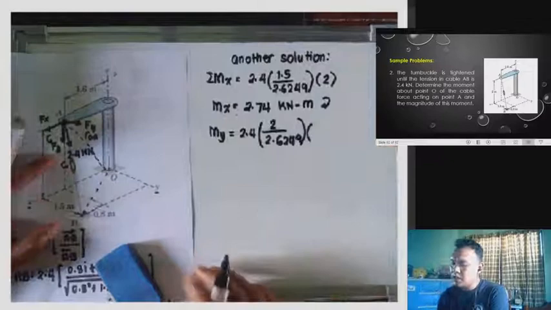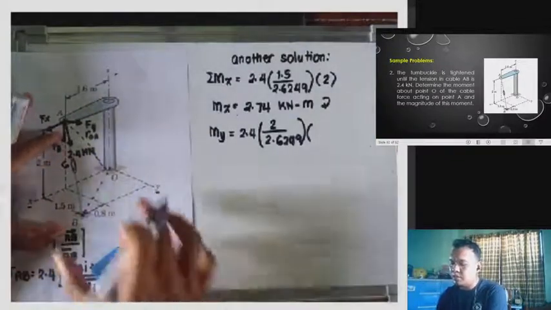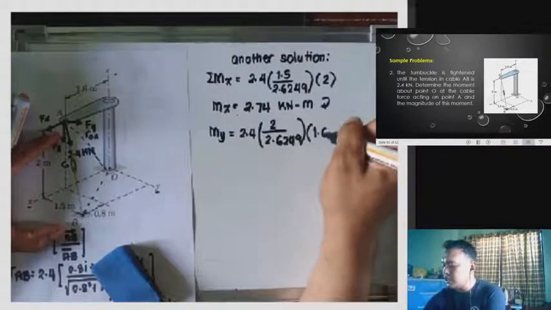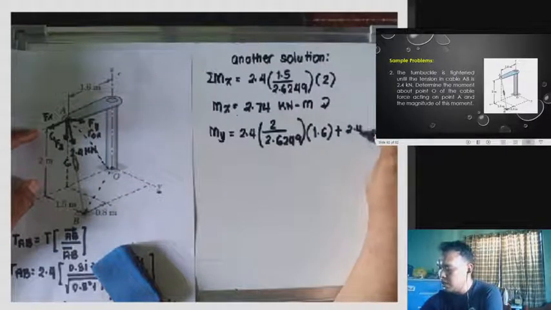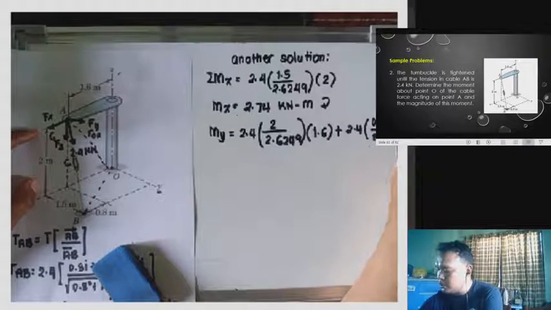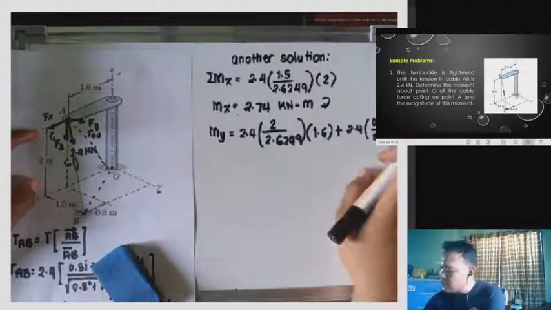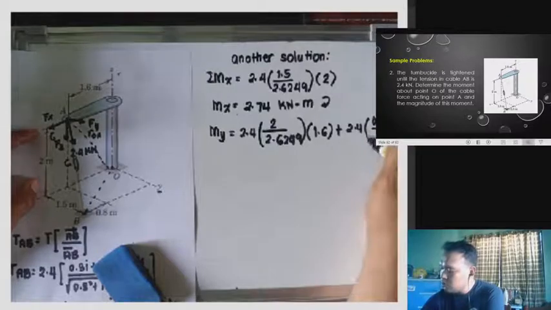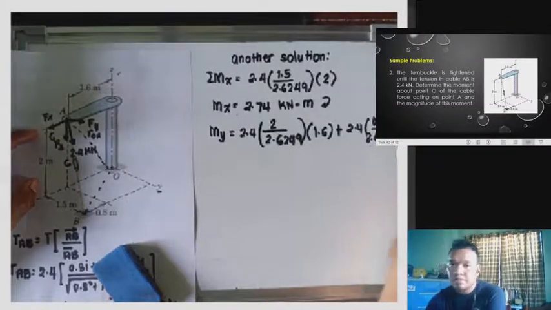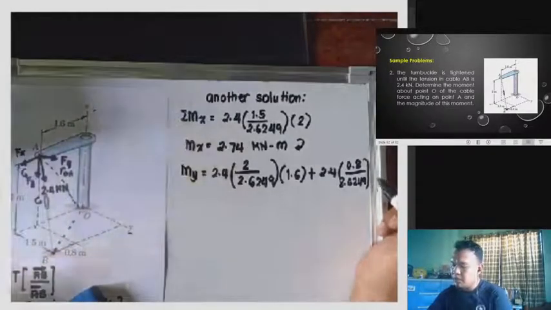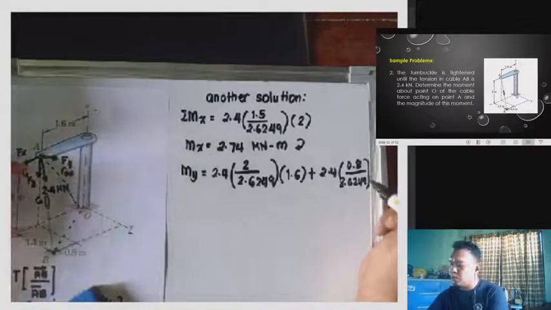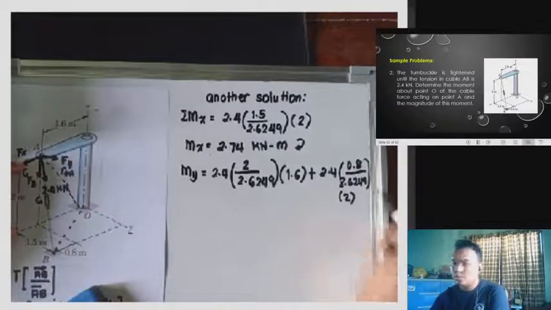Perpendicular distance ng ito, z, papunta doon is 1.6 plus yung fx natin which is 2.4 times 0.8 all over 2.6249 multiplied by yung perpendicular distance. Ang perpendicular distance niya ay 2 ulit times 2.